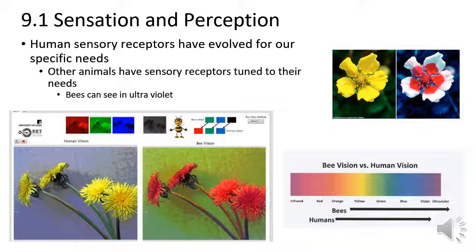What we perceive as red, bees do not perceive as red. So what we perceive as yellow, they actually perceive as red. But they can also see in this wavelength of light beyond violet, which is called ultraviolet, and this helps them find the tastiest part of the flowers and the tastiest flowers.